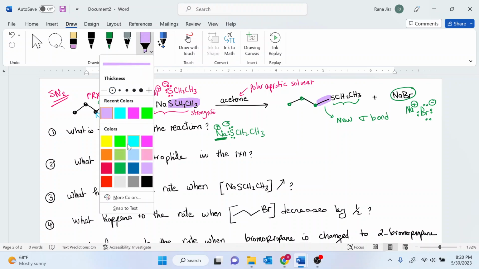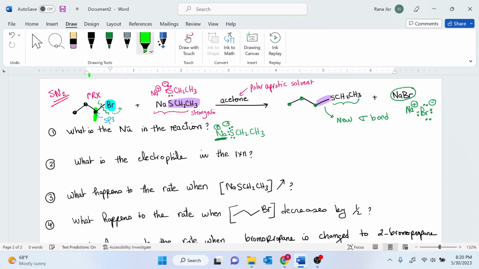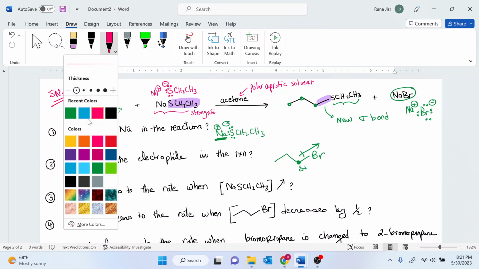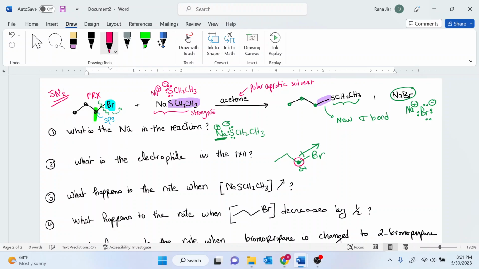So your electrophile here is going to be this carbon over there because of the direction of polarization that the bromine has. It takes the electrons away from the carbon and makes the carbon partial positive. So your electrophile is going to be the sp3 hybrid carbon that is connected to the bromine.